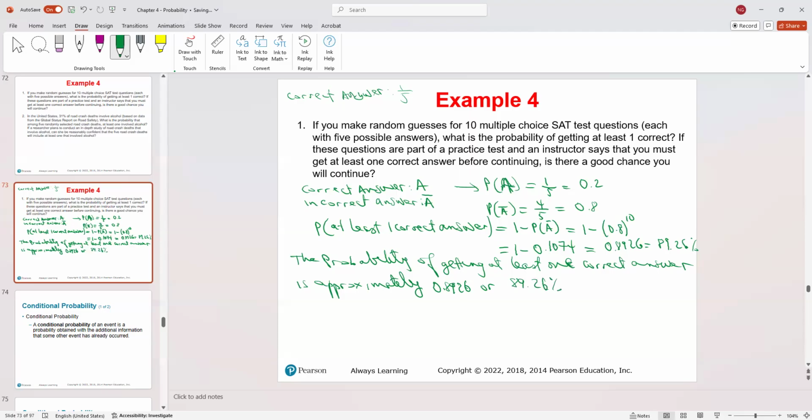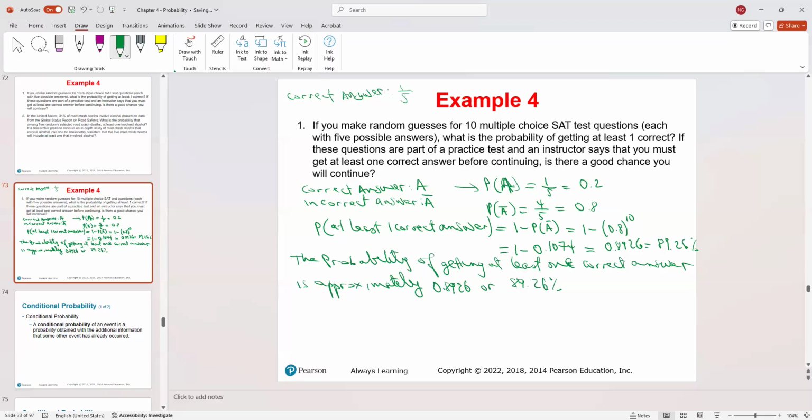Since the question said that these questions are part of a practice test and an instructor says that you must get at least one correct answer before you continue, is there a good chance you would continue? Of course, yes. Look, there's an 89.26% chance of getting at least one correct answer by guessing randomly.